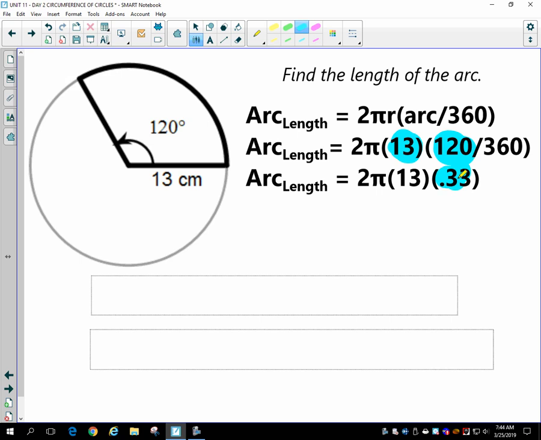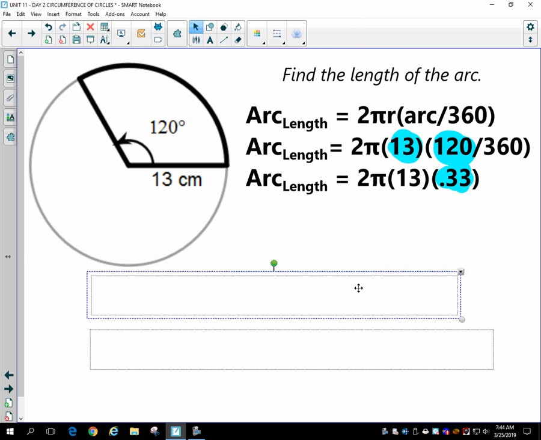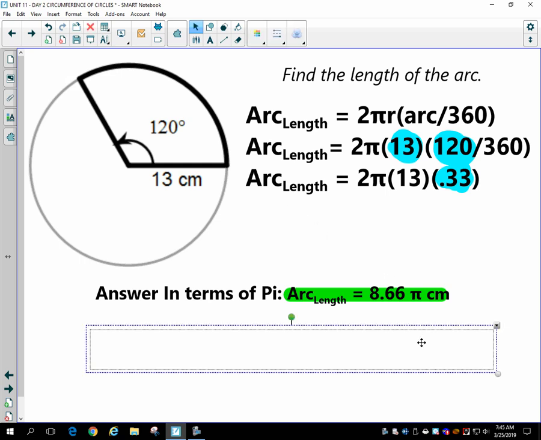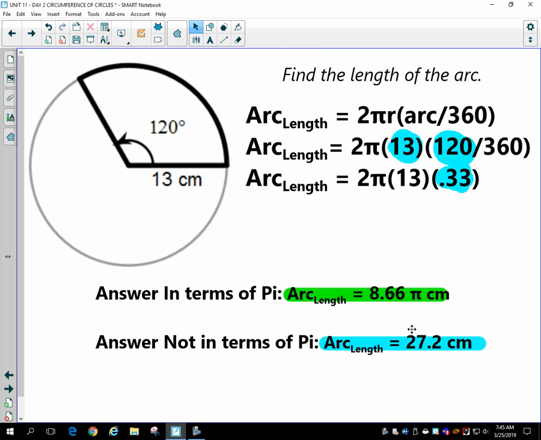Get that decimal. It's a third, 0.33 repeating. Multiply 2 times 13, gets you 26 times 0.33, gets you 8.66 pi centimeters. And if you multiply through by pi, you get 27.2 centimeters approximately.